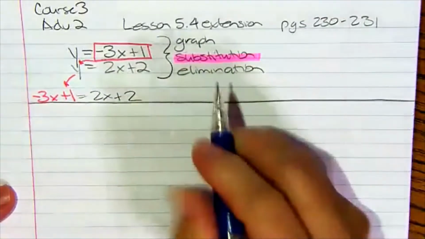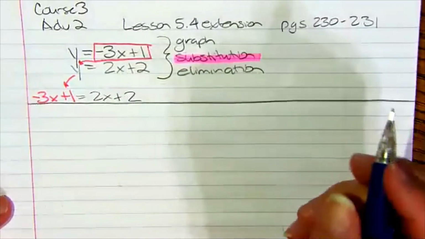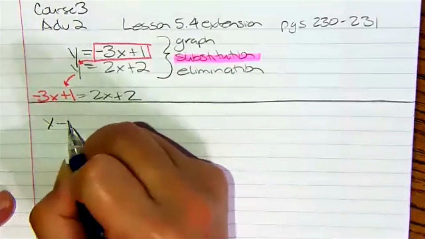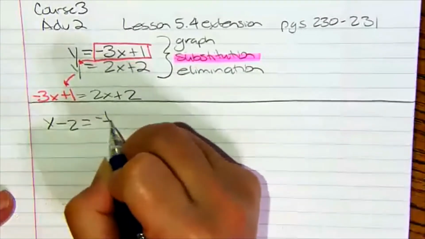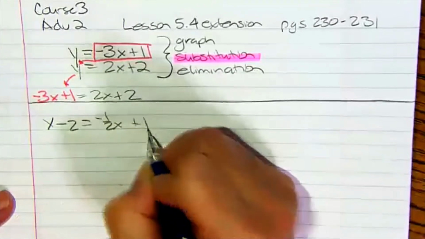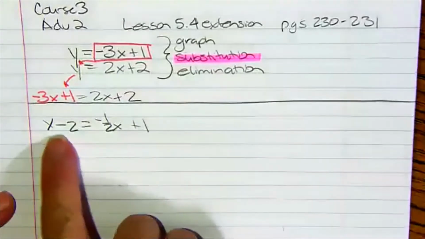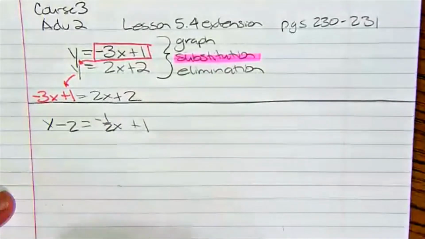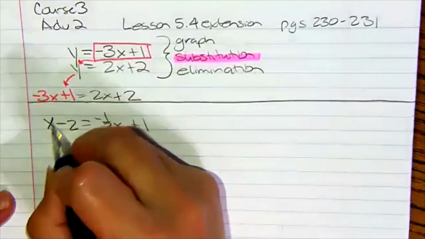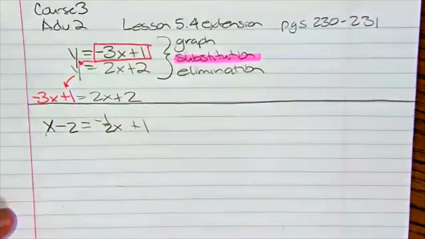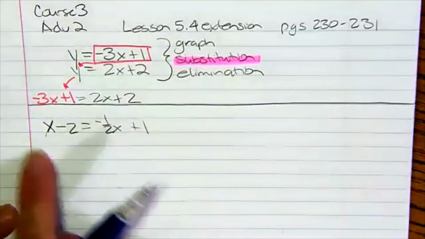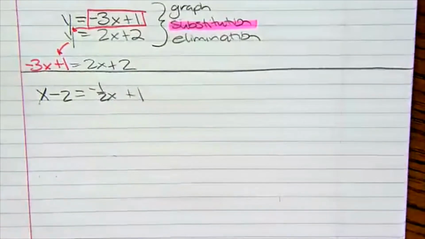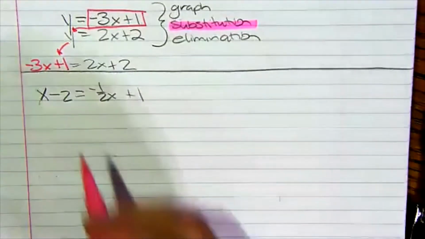Well, today, we're going to be doing the same thing, except the book gives us an original equation that looks like this. x minus 2 equals negative 1/2 x plus 1. So take a look at this and look at this equation here. They're very similar. So for us to be able to solve this, we need to turn each expression into an equation.